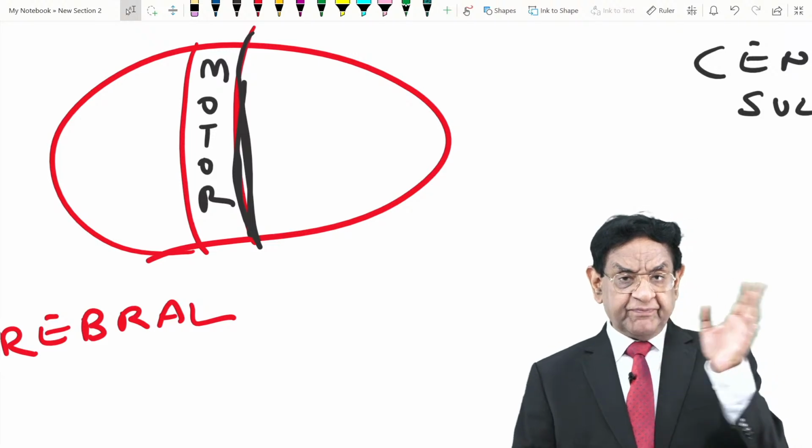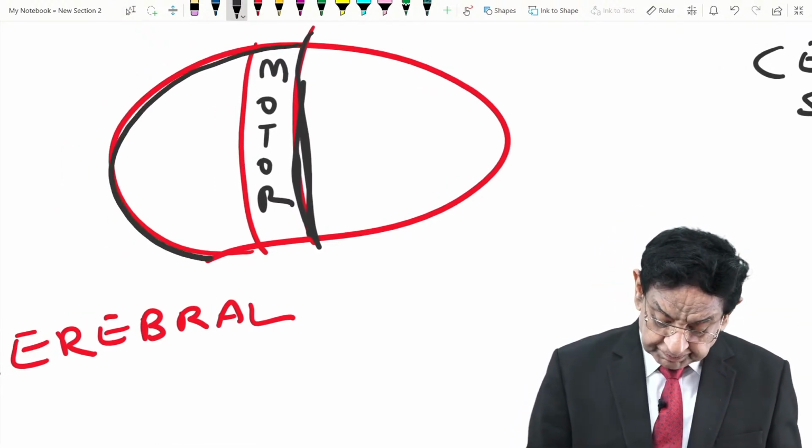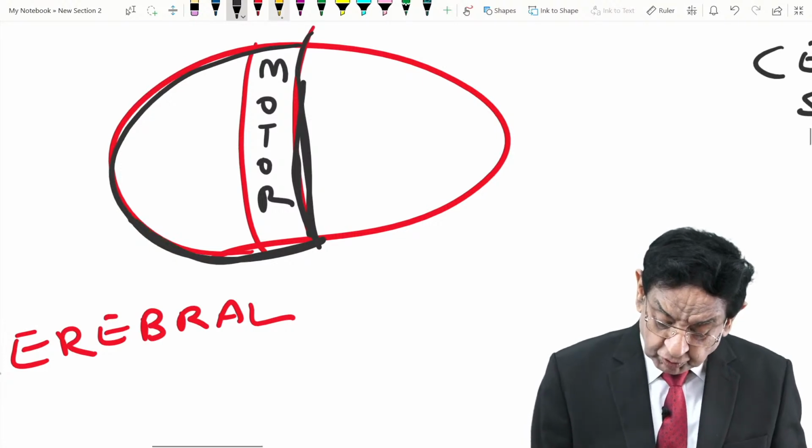The part in front, in fact this whole is the frontal lobe.